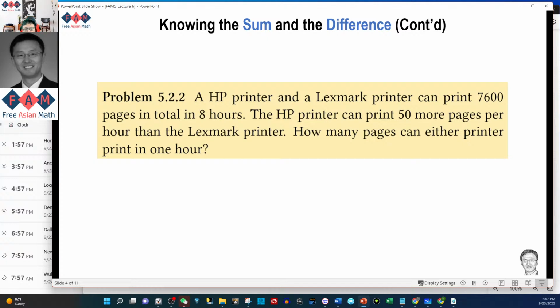What does that give you? It gives you the total of their hourly output, right? This problem is a little bit more indirect than the last problem in the sense that we don't know the sum directly, but we do know the sum indirectly.